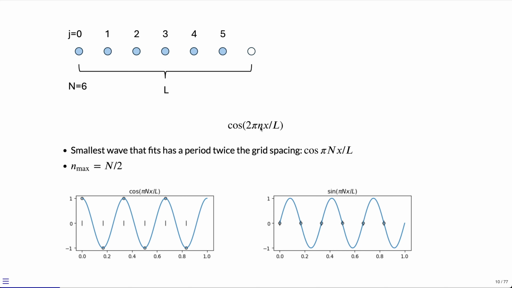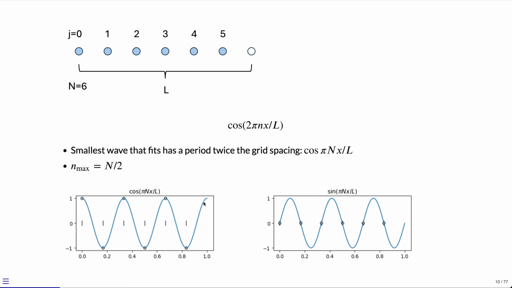If we increase n and make it 2, then we get to 2π twice as fast, and so we get a wavelength here, and then another wavelength there, all as x goes from 0 to L. And if n is 3, then we would have 3 periods, 1, 2, 3.